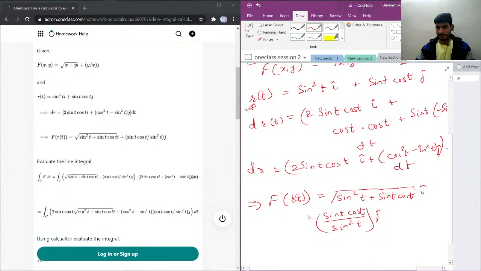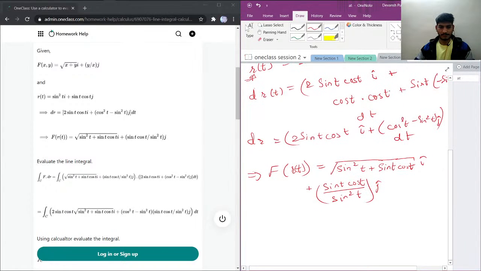Now we need to find the line integral over C of F dot dr. Now my F function is in terms of t, and my dr is always a function of t.